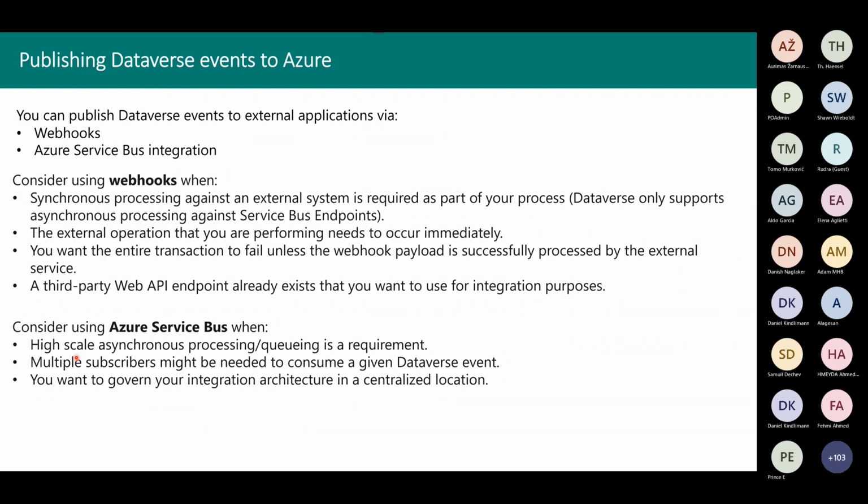And Dataverse can raise these events, save these events to Service Bus, and then different applications can subscribe to this Service Bus and retrieve only the events that they want. So, for example, if I have a CRM application, maybe I'm interested in account creation, I don't know.